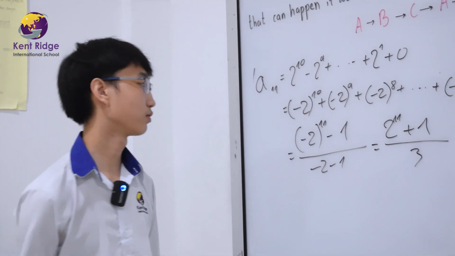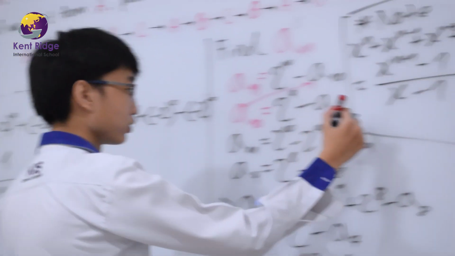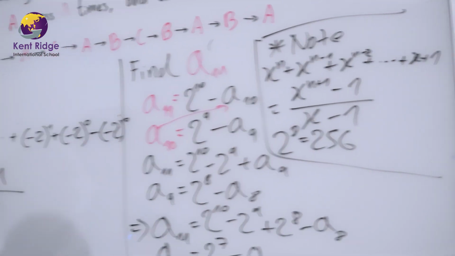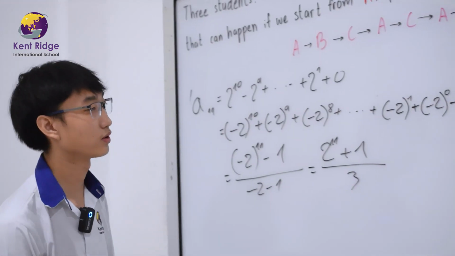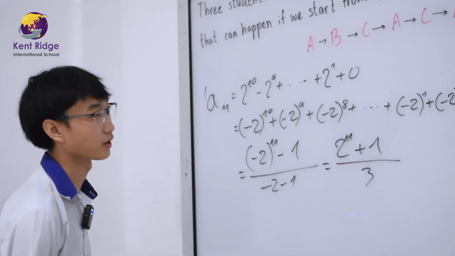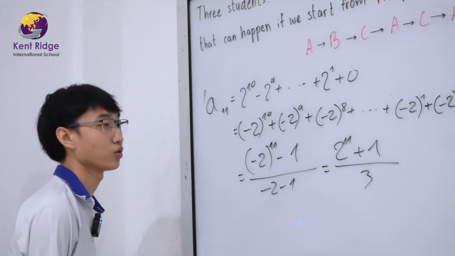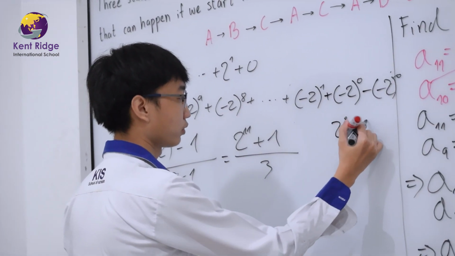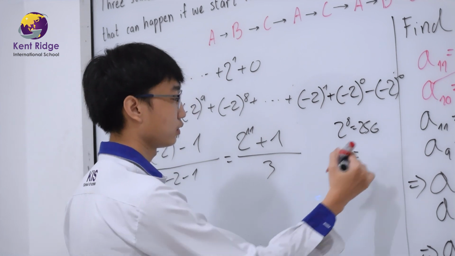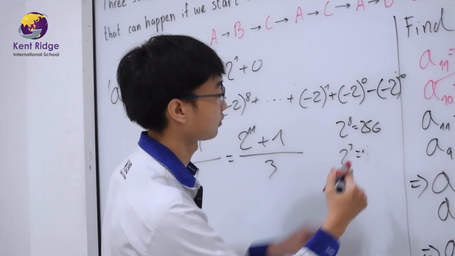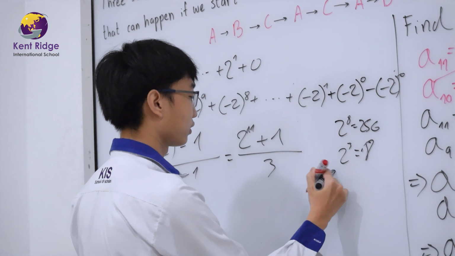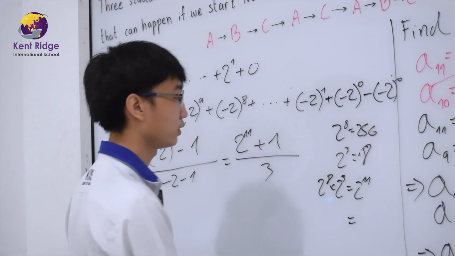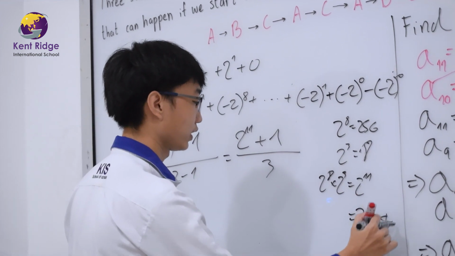We can compute this if you know that 2 to the power of 8 is 256. If you know a bit of computer science, you know that in a byte we can store 256 values. So 2 to the 8 would be 256. 2 to the third would be 8. And you can take 8 times 3, which is 2 to the 11th, and that would be 2048.